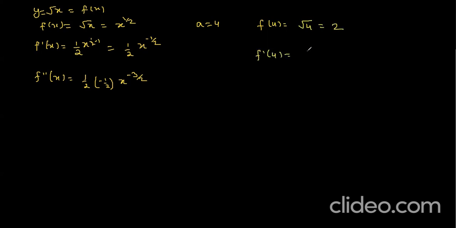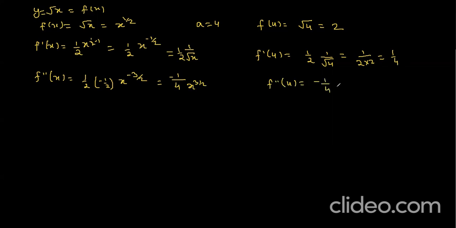f dash 4. This is actually what? Root x in denominator, right? Yes, when minus half is in the power, it becomes denominator, right? So this you can also write 1 by 4, and for f double dash, minus x raised to 3 by 2 in denominator, right?